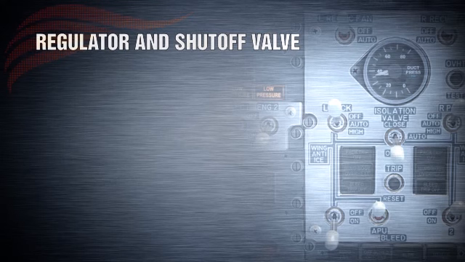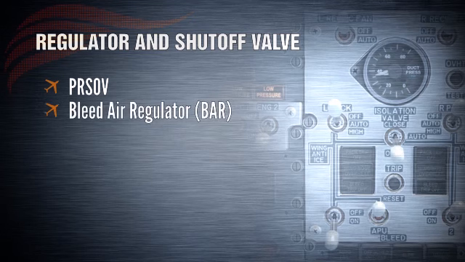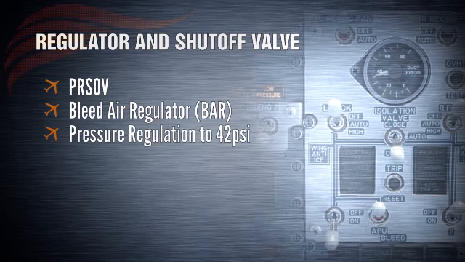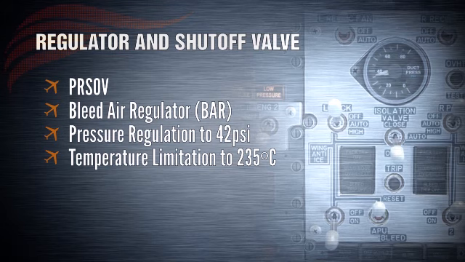There is a bleed air pressure regulator and shutoff valve, which we'll call PERSOV, that is controlled by a bleed air regulator, or BAR. The PERSOV essentially performs the following functions: bleed air pressure regulation to a nominal value of 42 psi, bleed air temperature limitation to about 235 degrees Celsius by means of a thermostat and pre-cooler, and bleed air shutoff.